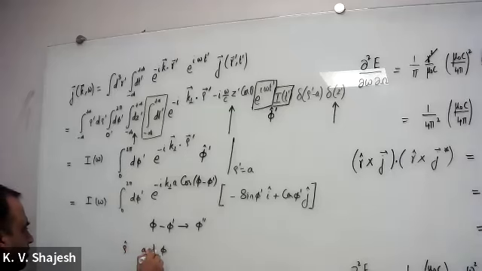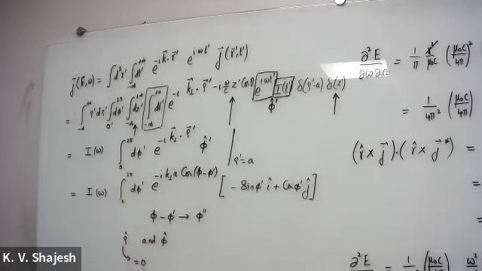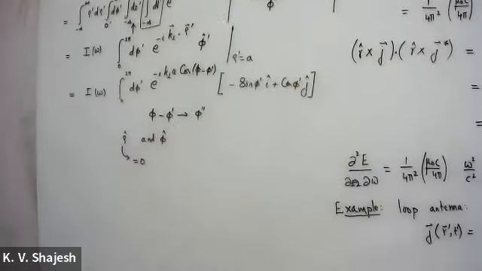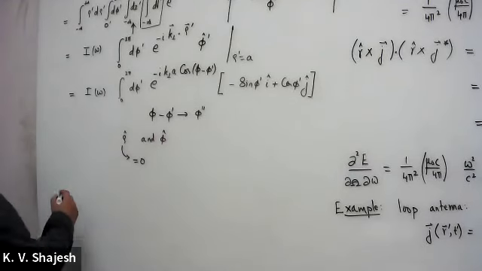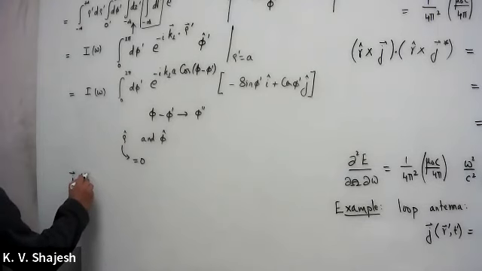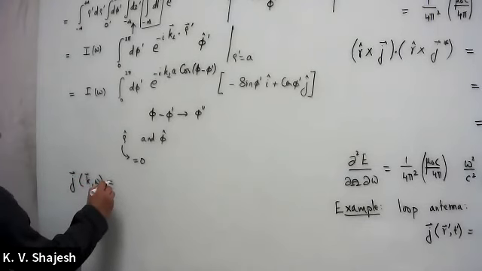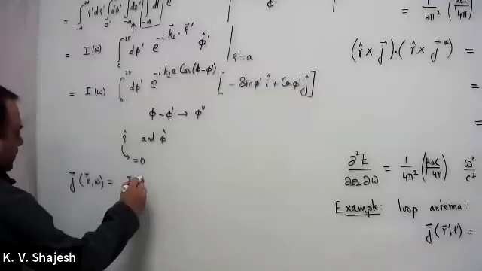There will be two integrals, and this integral will be 0. Show that this will be 0. And we will be able to show that J of k omega is equal to I of omega.